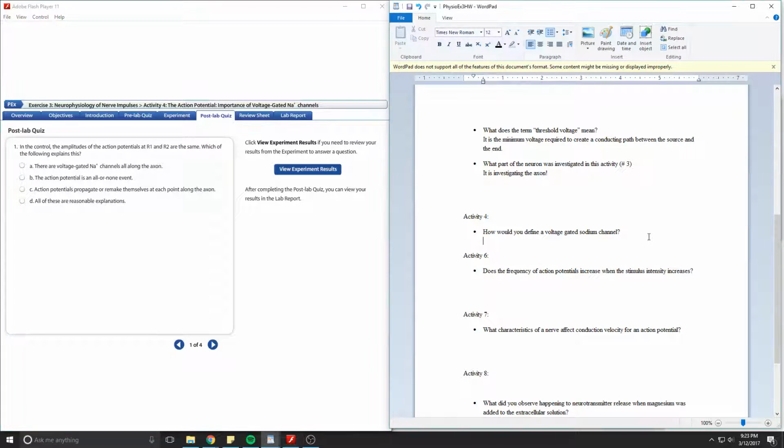Okay. How would you define a voltage-gated sodium channel?